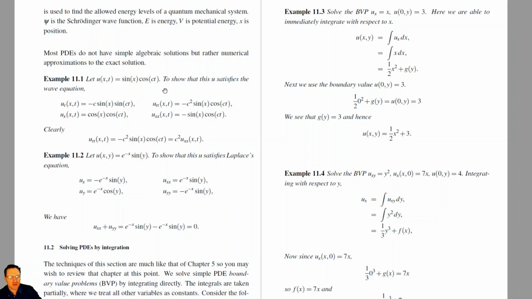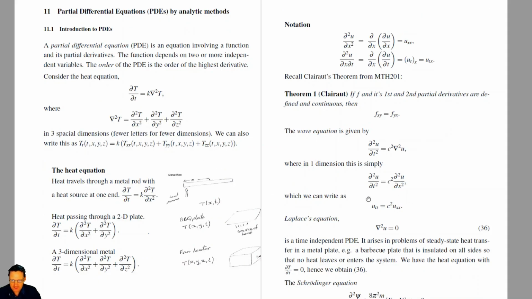But if we take the c squared out the front, we have c squared times bracket minus sine of x cos of ct, which is u subscript xx, the second partial derivative of u with respect to x. So it satisfies the wave equation, which was, remember, the equation above equation 36 in one dimension.